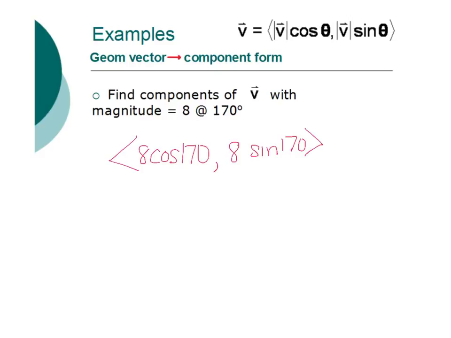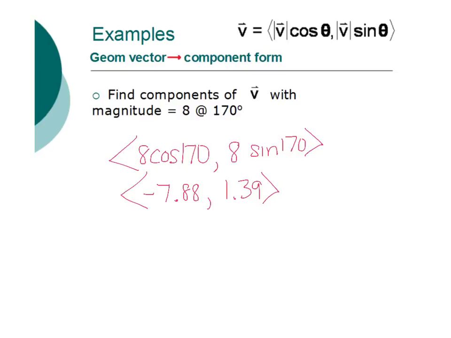Since those are not unit circle things, we'll take 8 times the cosine of 170, and I have a negative 7.88. And then I'm going to take 8 times the sine of 170, and I get 1.39. And that's that vector in component form.